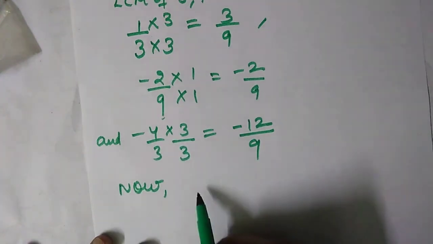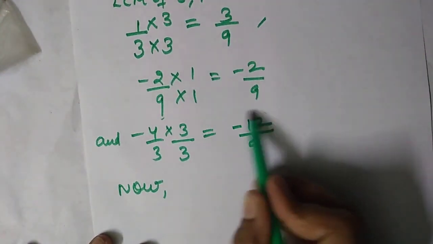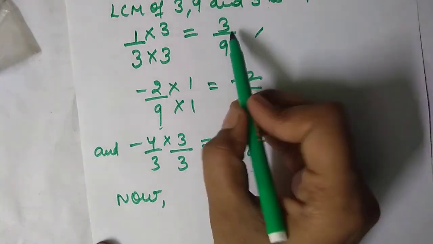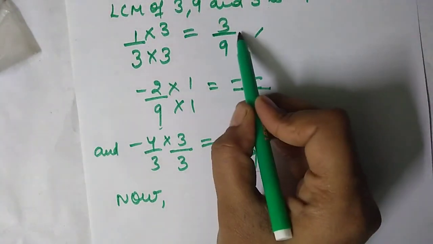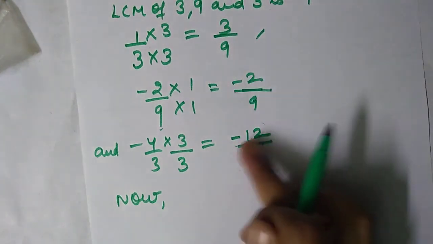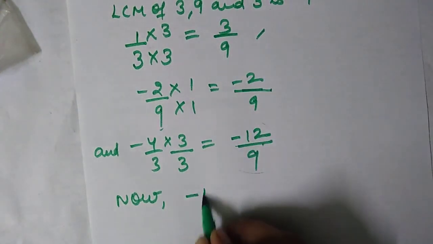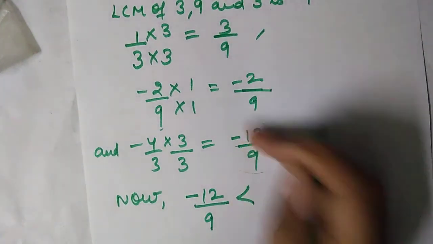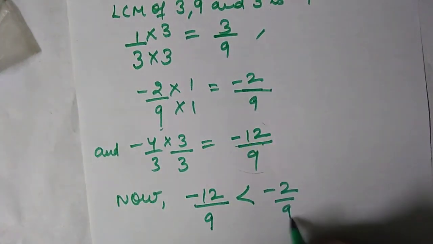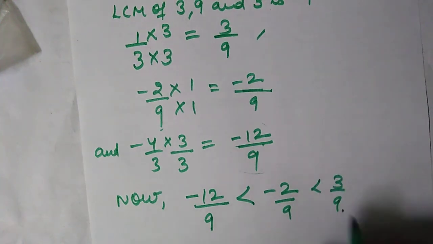Okay, so which one is smaller among these? Now we have to compare the numerators. Here it is minus 12, then minus 2, and then 3. So among these, the numerator minus 12 is smallest. So minus 12 over 9 is smaller than minus 2 by 9, and this is smaller than 3 by 9.